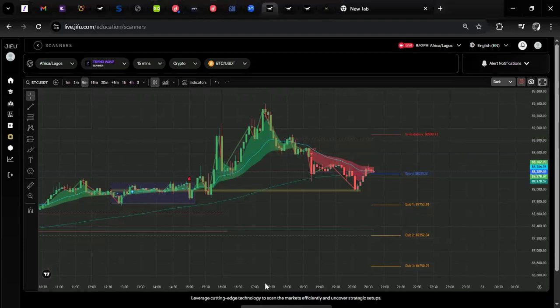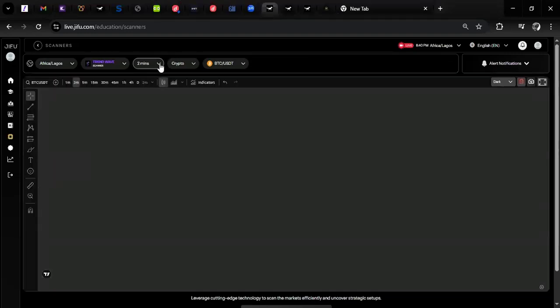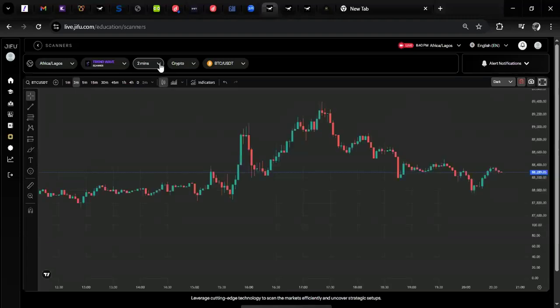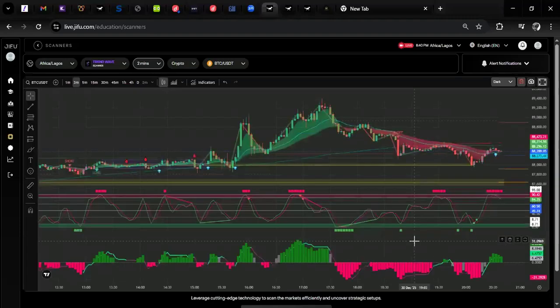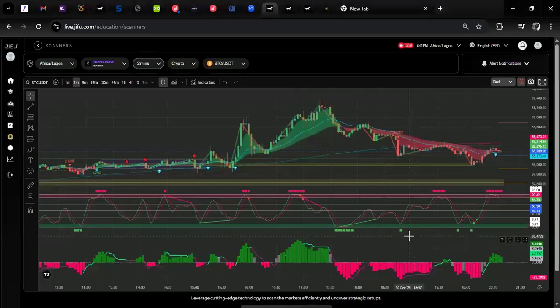Okay, let's get back. Now, if you're using a mobile view, it's difficult to explain. Look at this tiny blue line. If you're using a mobile view, you have to touch on it.